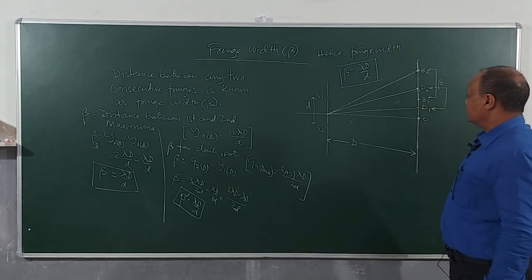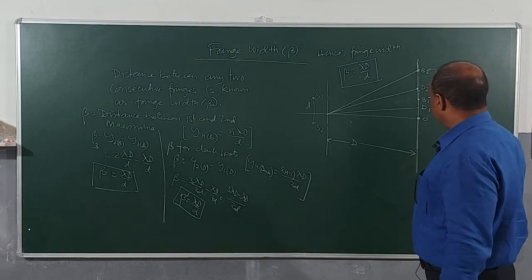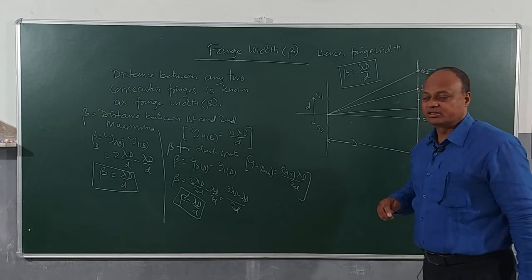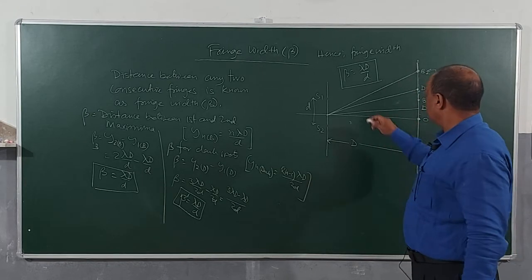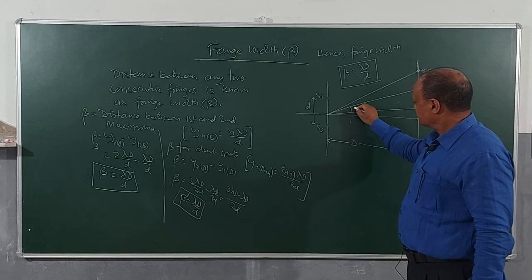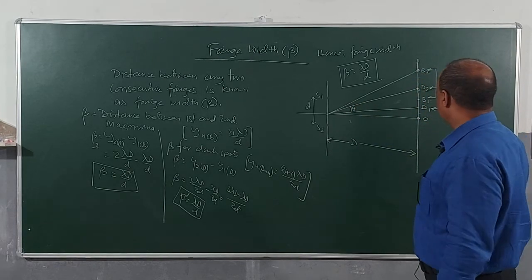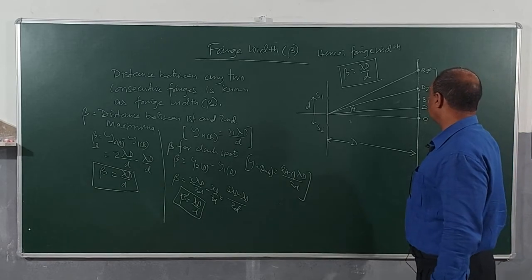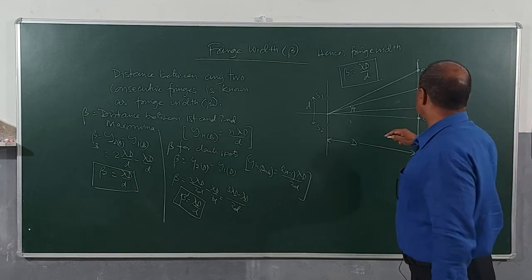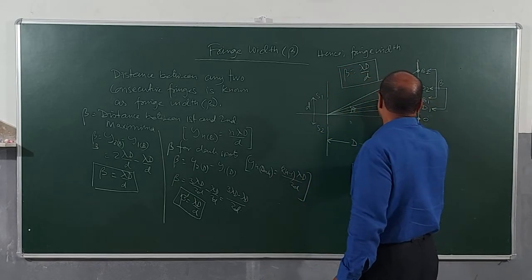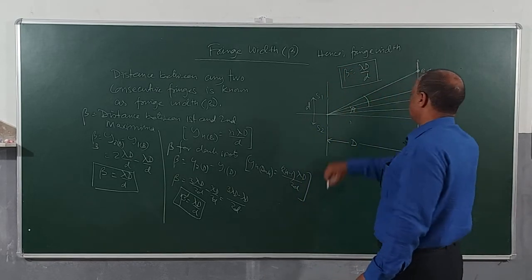Now, you can see that these fringes also have an angular width. For example, for these two dark fringes, this will be the angular fringe width, and for the two bright fringes, this will be it.